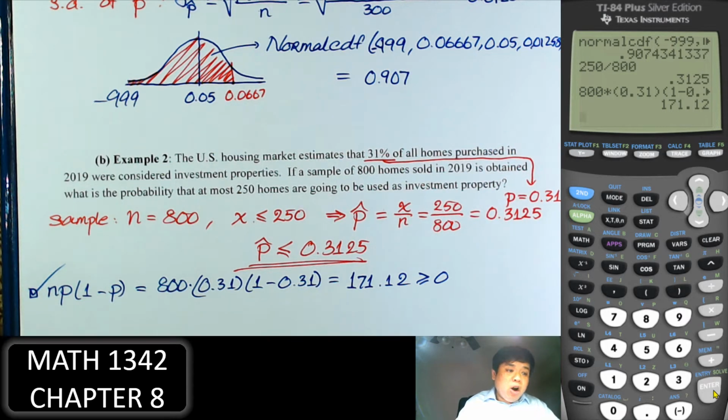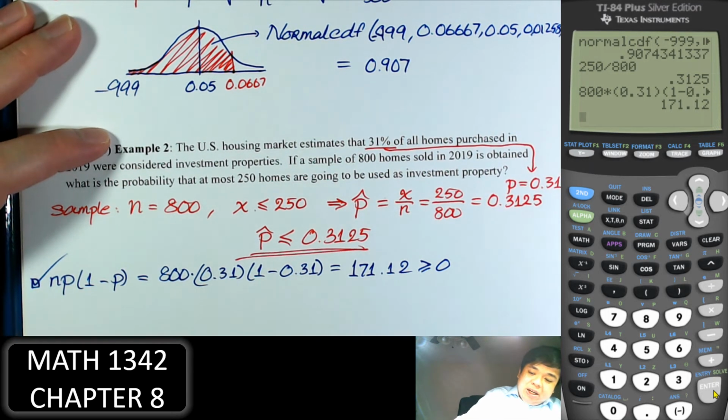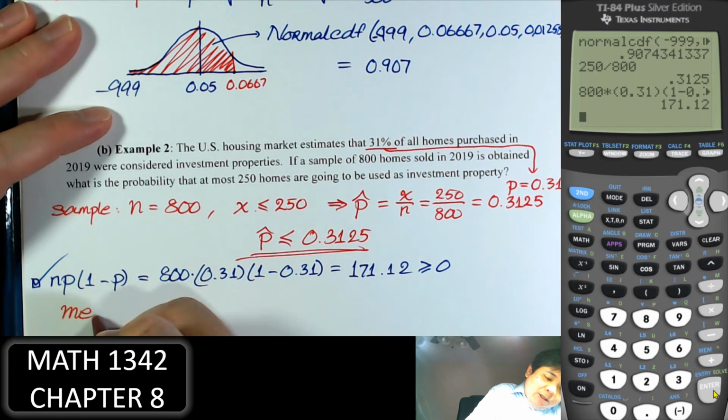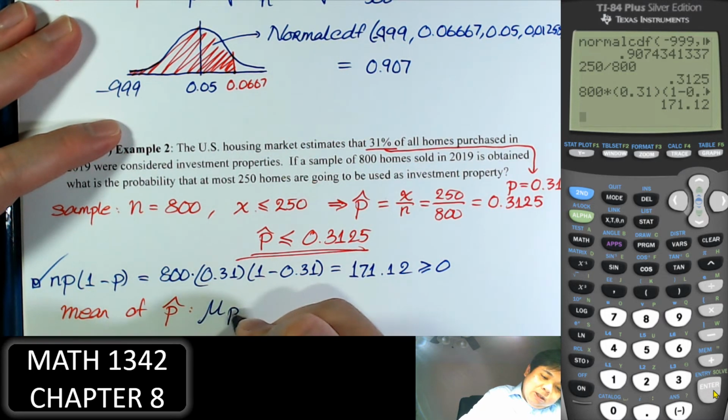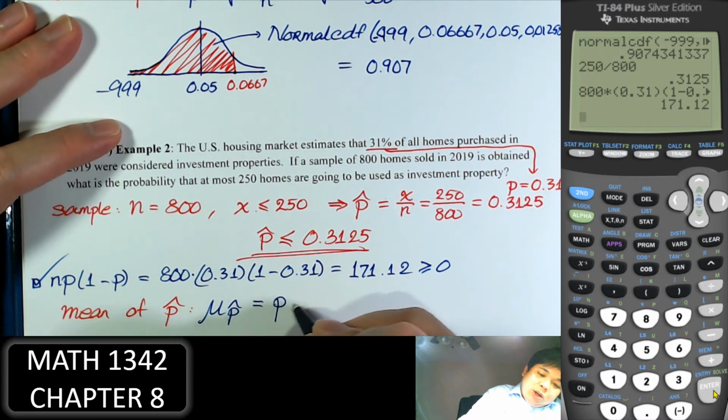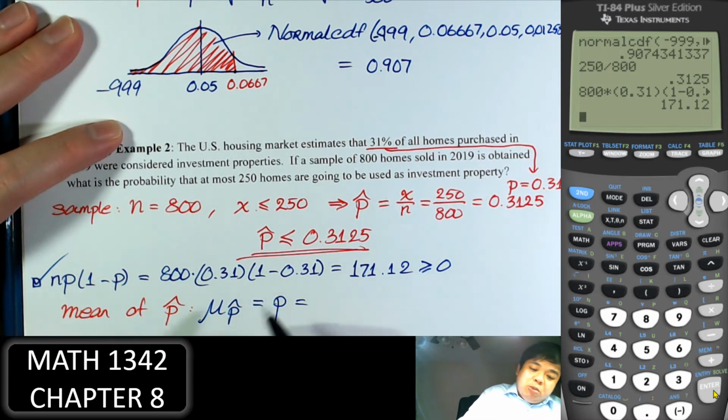So approximately normal. So with that, we calculate the mean of the p hat, which is equal to the population proportion.